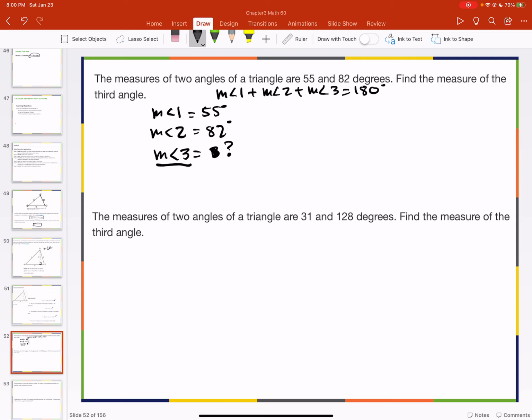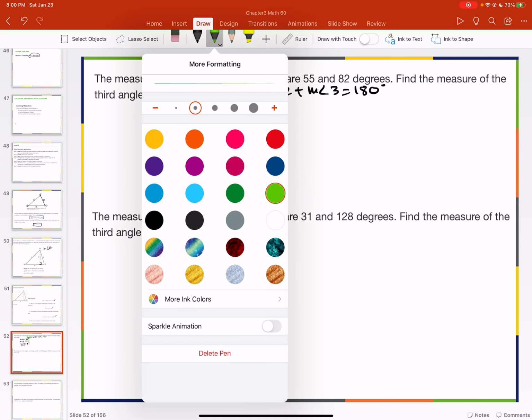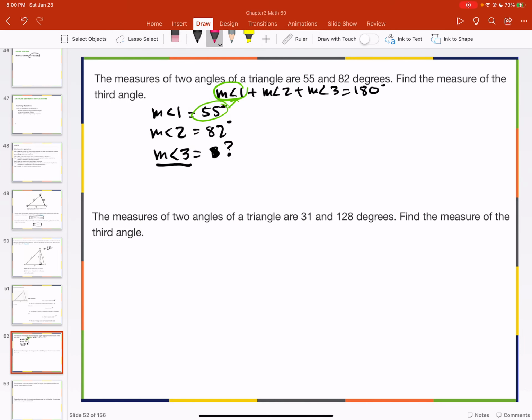So what we would do is just plug this in. 55 would go here, and 82 degrees would go here, and this one we could just leave alone. Rewriting this, we have 55 plus 82 plus the measure of the third angle is equal to 180 degrees.